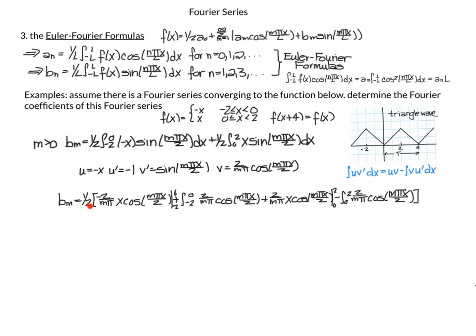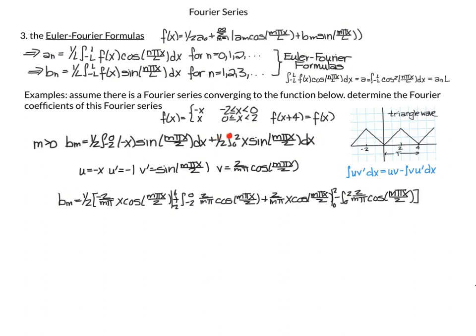So I did my 1/2, and then I have my u times v. So I have my minus x, so I put my minus with my 2 over m pi. So I have my x and my v, and I need to evaluate that between 0 and negative 2. And then my minus, my v times u prime. Since u prime is a minus, I have a plus. My integral from negative 2 to 0 of my v times u prime, I've already got my u prime, so v is 2 over m pi cosine of m pi x over 2.